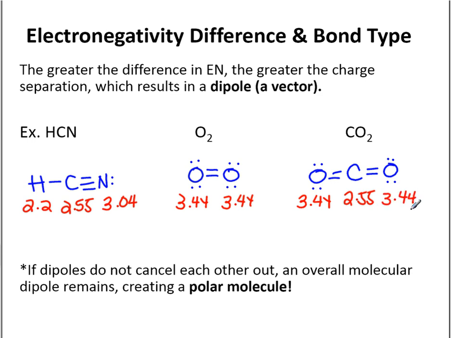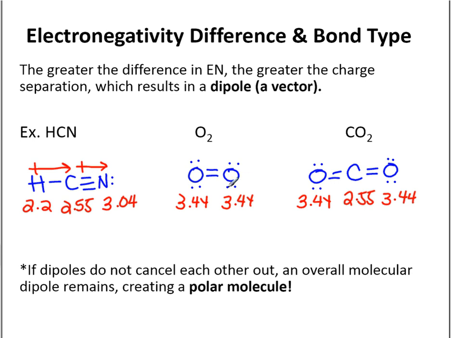Now that we've got the electronegativity values, we can add on any dipoles. Dipoles always point towards the more electronegative atom. Between hydrogen and carbon, carbon's more electronegative, so its dipole is going to point towards carbon. Then between carbon and nitrogen, nitrogen is more electronegative, so we've got a dipole that looks like this.